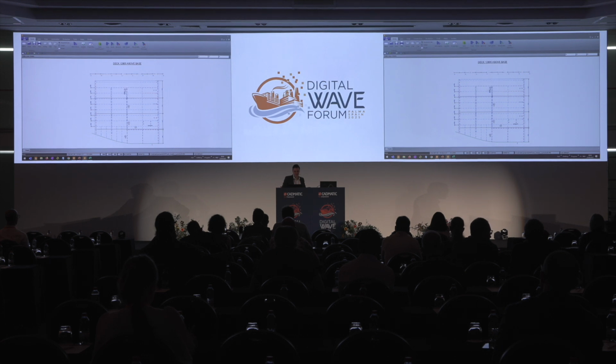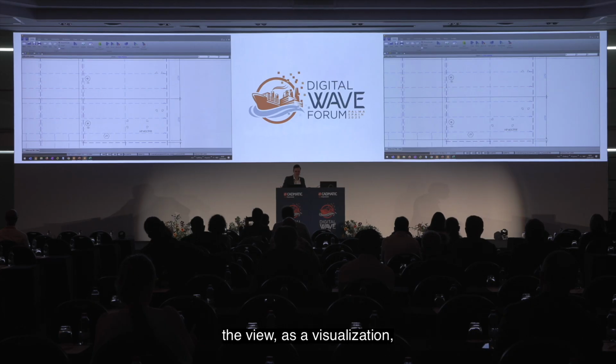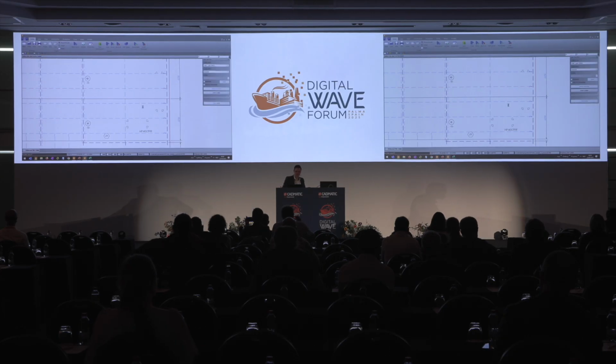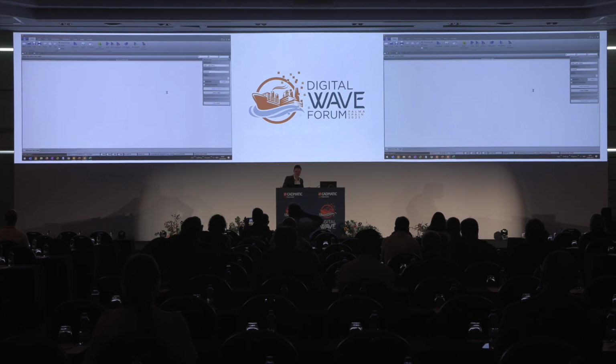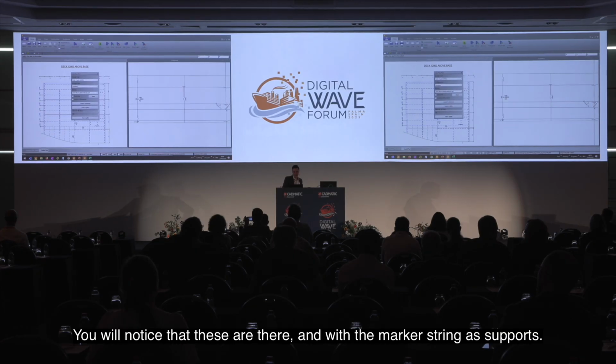You see already that these are also here in the view as a visualization, encoding the deck, you will notice that these are there, with the marker string as support.